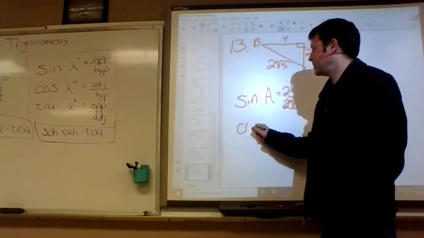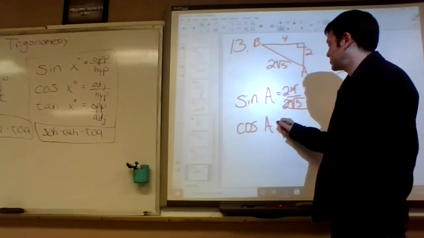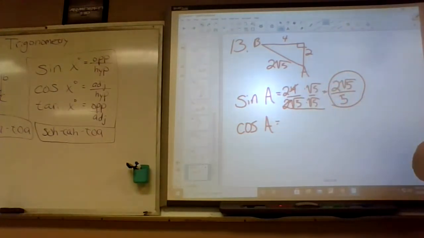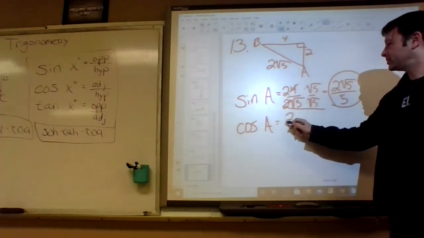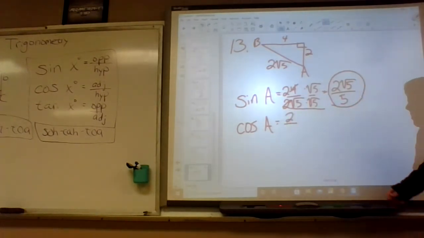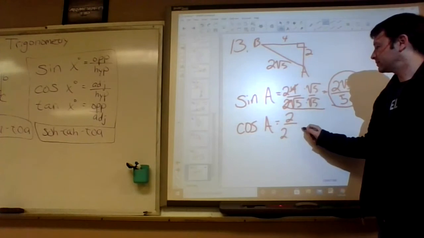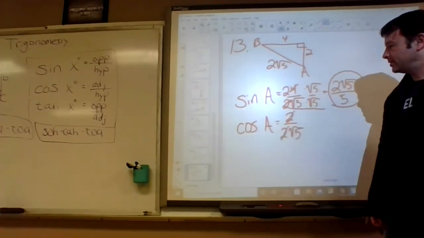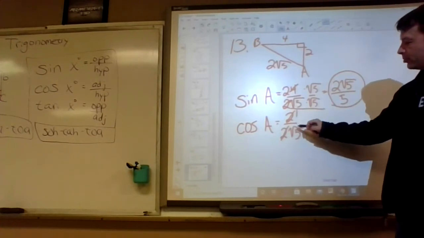Cosine of A. Joseph, cosine is adjacent, so what is adjacent to angle A? 2. What is the hypotenuse? 2 square root of 5. So in this one, the 2's cancel out, and you can put 1's in their place.